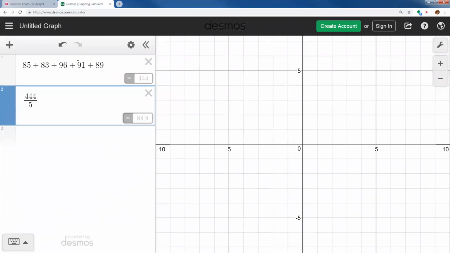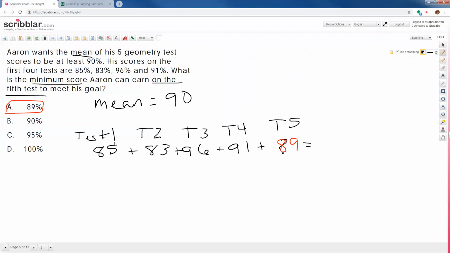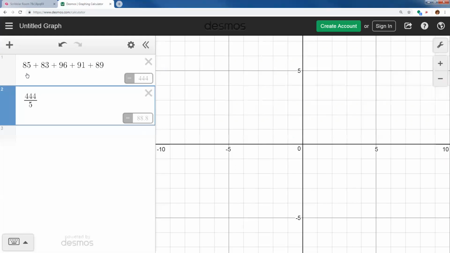And let me also double check that I typed it in right. So we have 85, 83, 96, 91, 89. Okay, so I did type it in correctly. You should have gotten 444 when you add it all together. And when you divide by 5, you get 88.8. Yeah, I was off by a number.